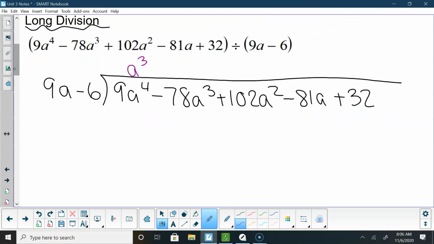So a cubed is what I'm going to multiply both of these terms by. You'll notice I color code line by line so you can see where everything's going, and if you want colored pens, you can grab them. So I'm doing 9a to the fourth minus 6a cubed. Put it in parentheses, and we're going to subtract.